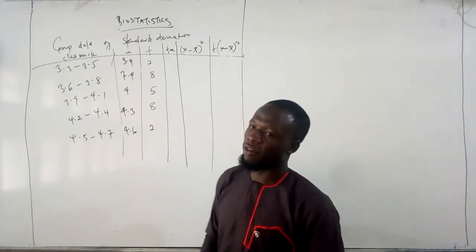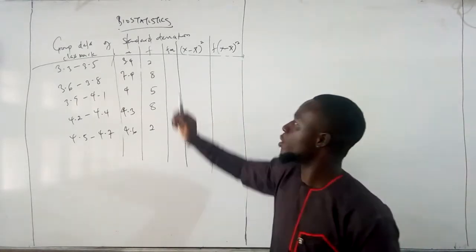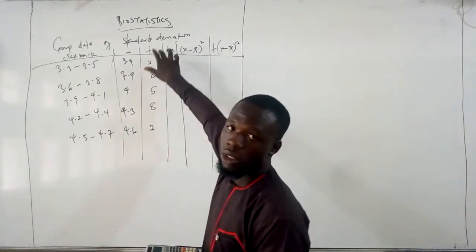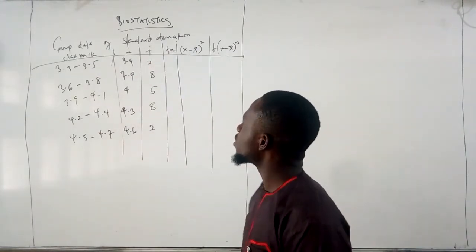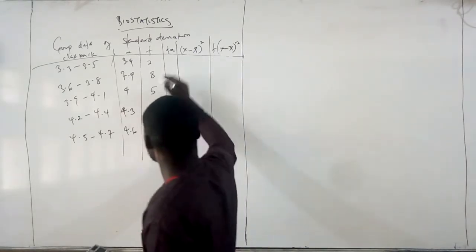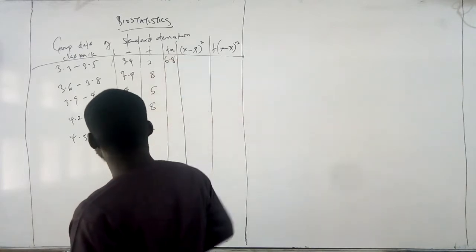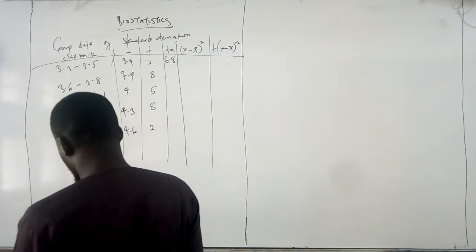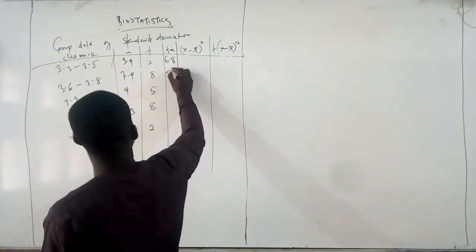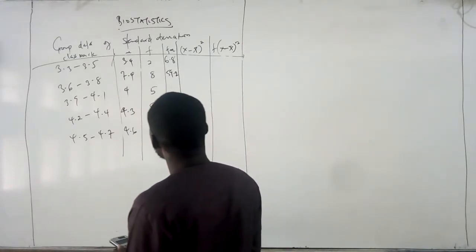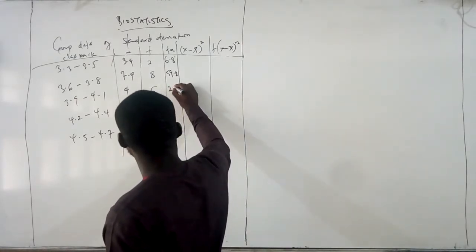To get fx, it simply means the multiplication of x by the frequency. So 3.4 times 2 gives us 6.8. The second one, 3.7 times 8, gives us 29.6. Then 4 times 5 is 20.